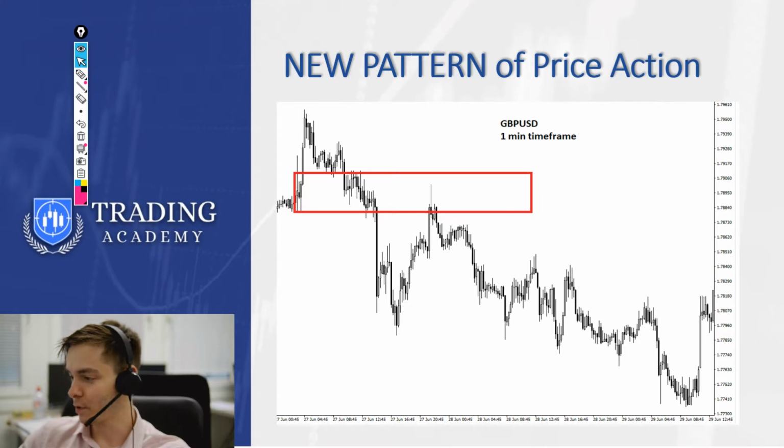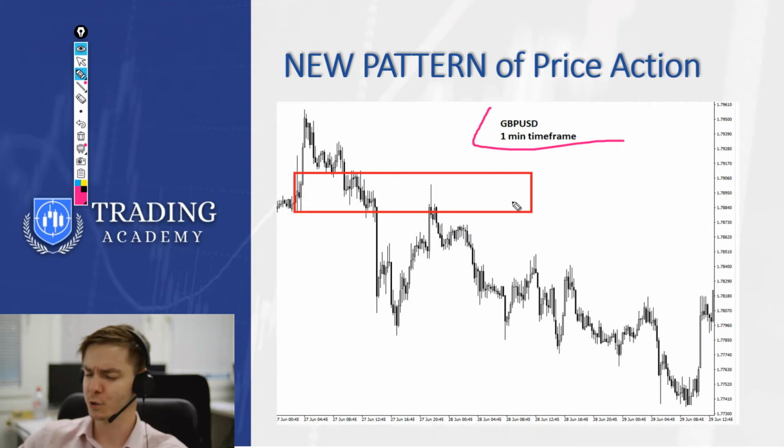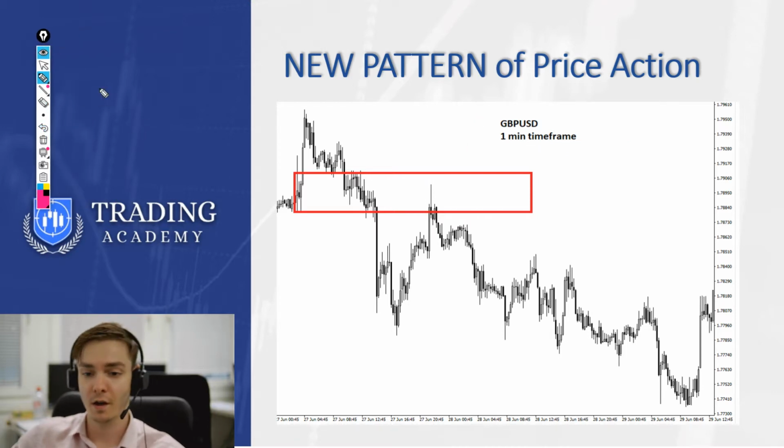Okay, so let's go directly to our pattern and what is behind it. Definitely don't hesitate to ask any question. First of all, we have the market GBP/USD, which should be the 1 minute time frame. The pattern consists of a few elements. The first one is the momentum movement.